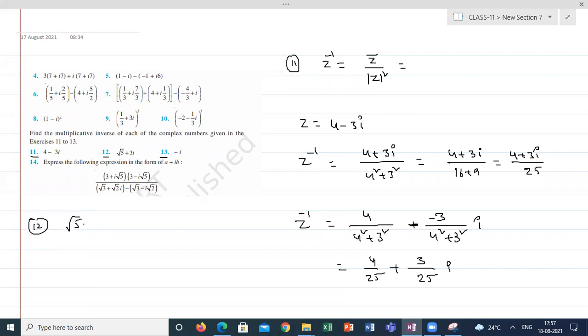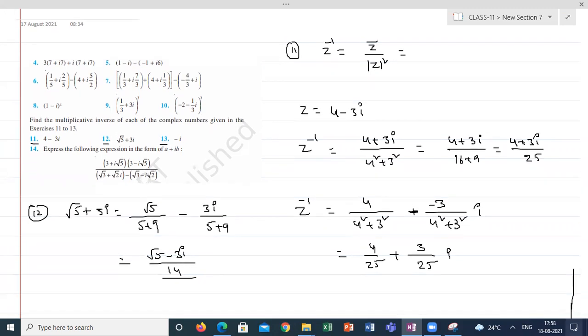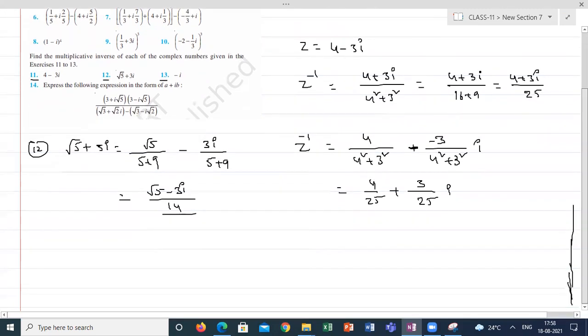Root 5 plus 3i. Same method, you can apply the same method. Root 5 by 5 plus 9 minus 3i by 5 plus 9. So root 5 minus 3i by 14. Or I can use this formula also. The conjugate of a complex number: you have to change the sign of the imaginary part.